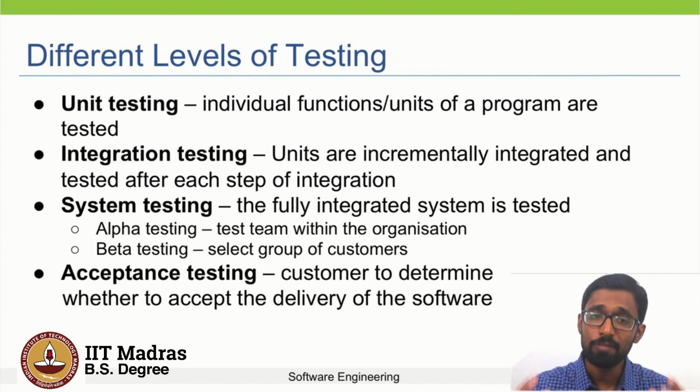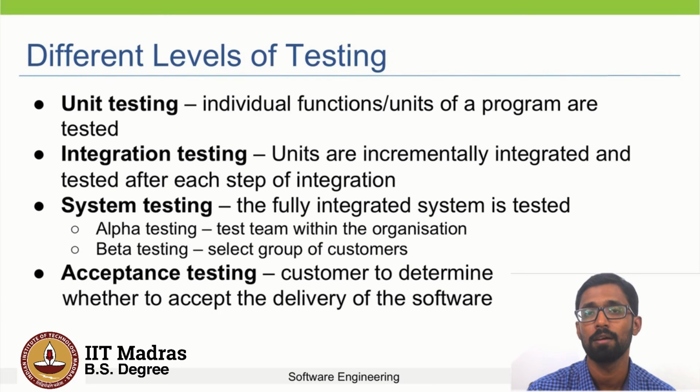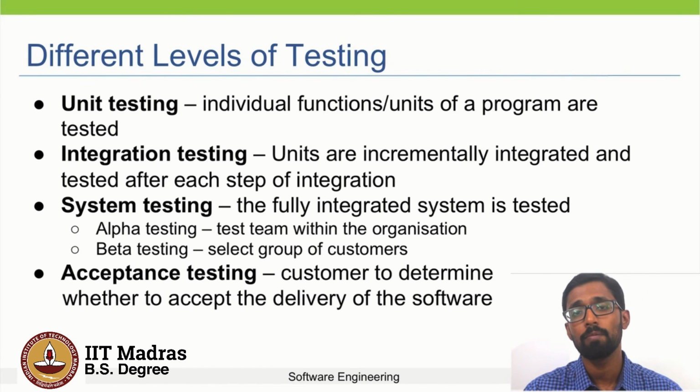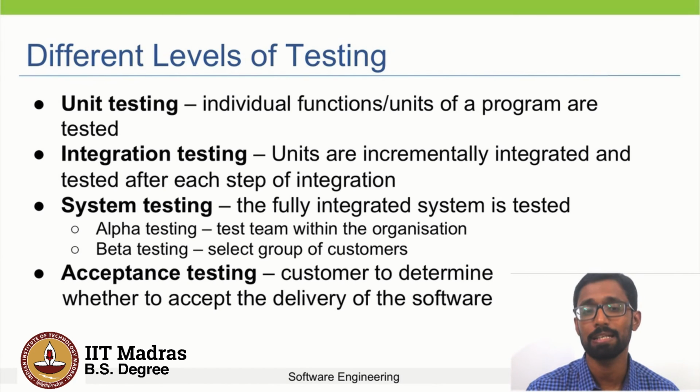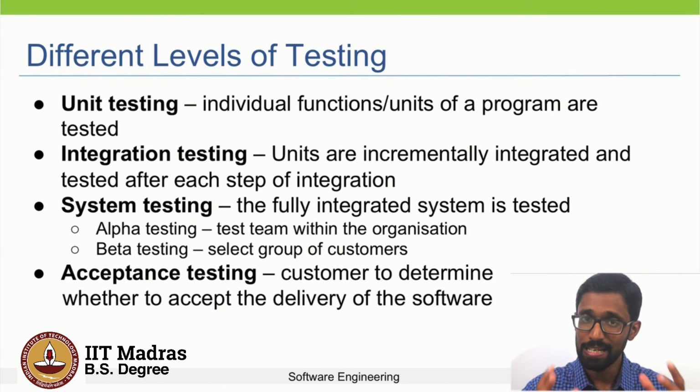And now after we have integrated all the units together, the fully integrated system is tested. Right? And this is known as system testing. And there are different types of system testing. One is alpha testing, where the test team within the organization does the full integrated system testing. Another type of system testing is beta testing, where the entire system is given to a select group of customers.